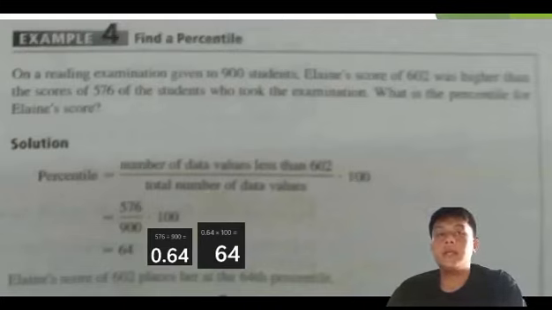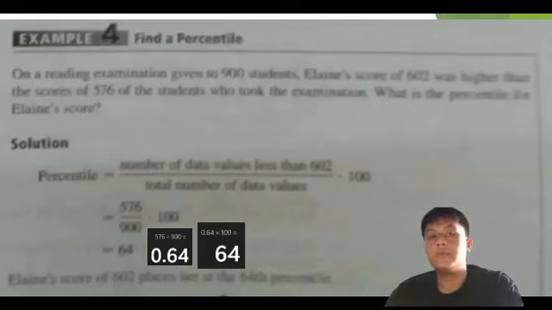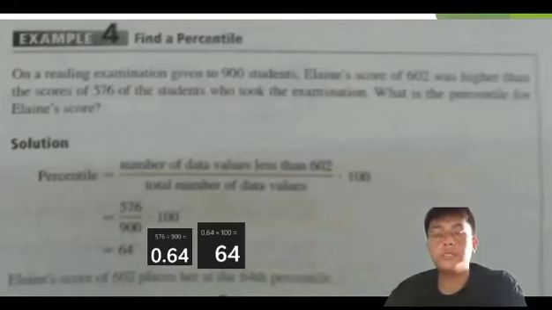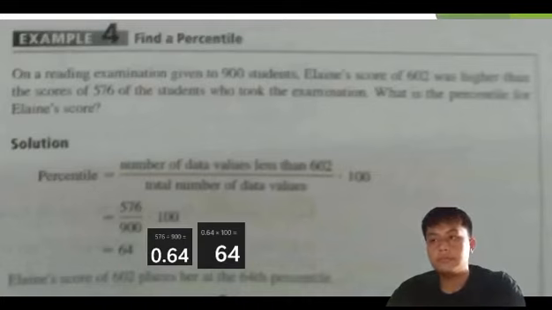And then, bakit naging 64 dito is, ang 576 of students is di-divide mo siya sa 900. 576 divided by 900 is equal to 0.64. At tapos naman 0.64 is ita-times mo siya sa 100, equal to 64.